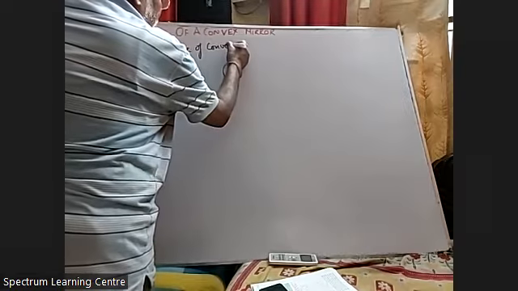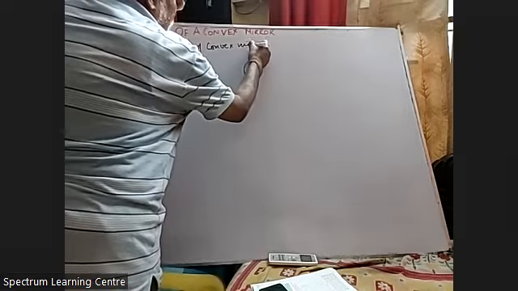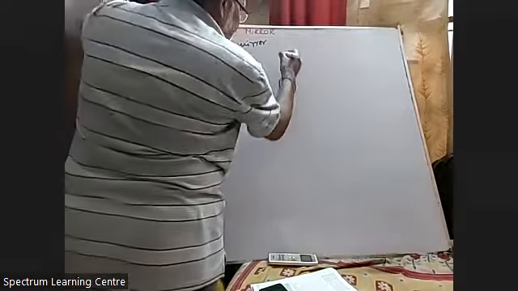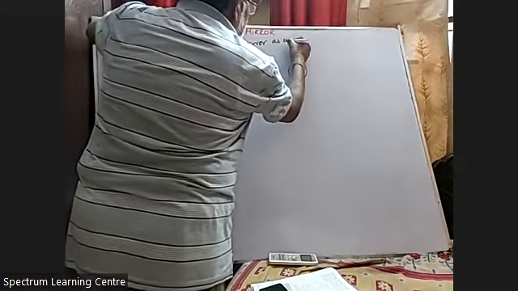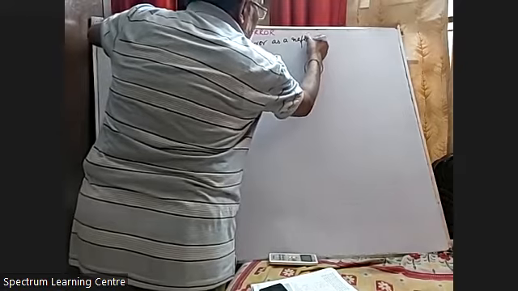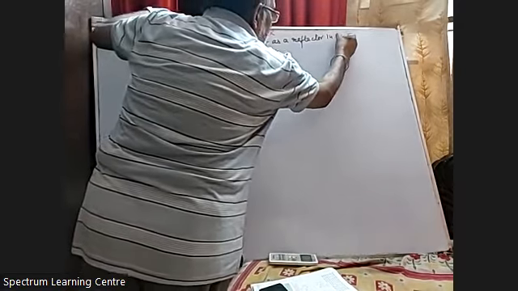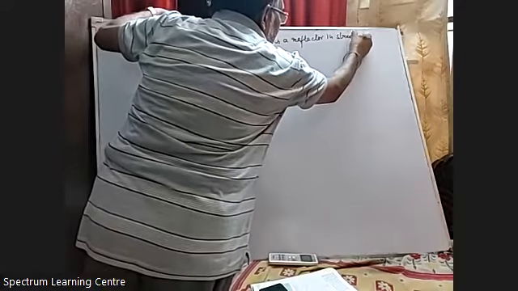Next use is use of convex mirror as a reflector in street lights.